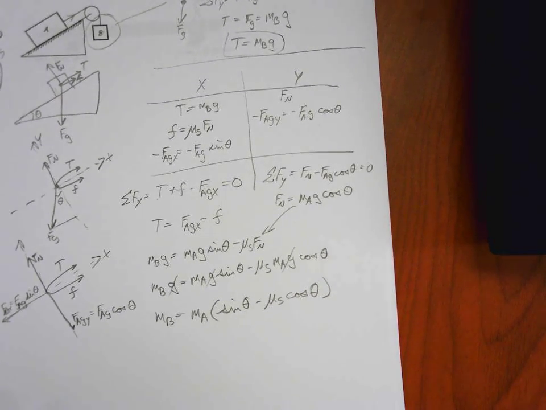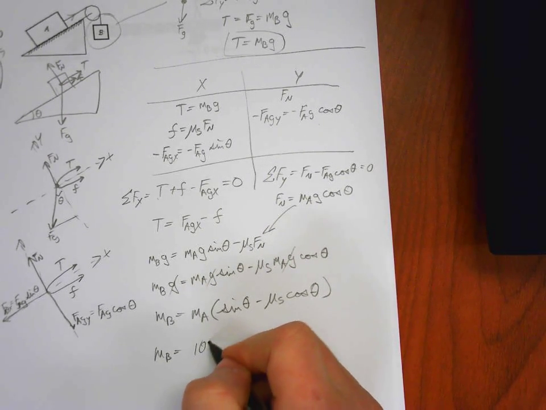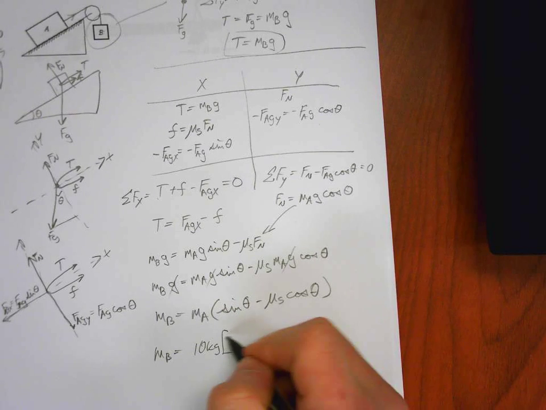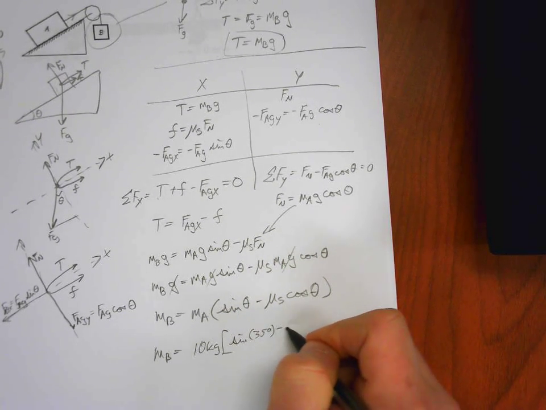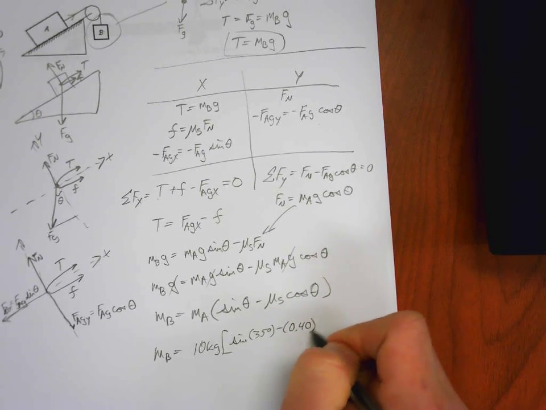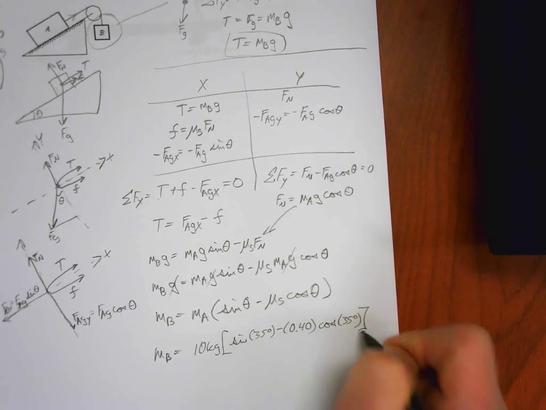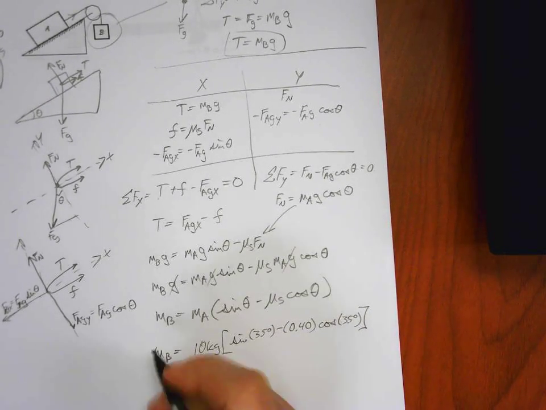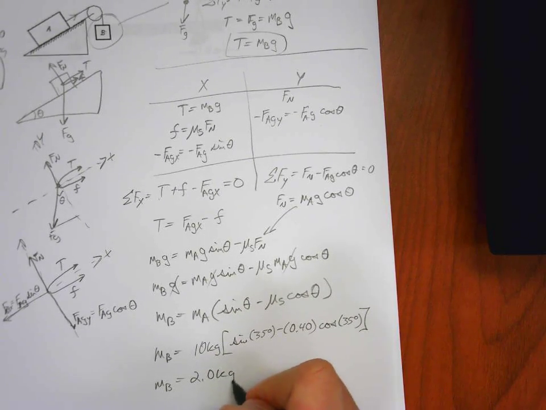I just pulled the mA out of every term. So mB then is equal to 10 kilograms times sine of 35 degrees minus 0.40 times cosine of 35 degrees. And mB then is equal to 2.0 kilograms.